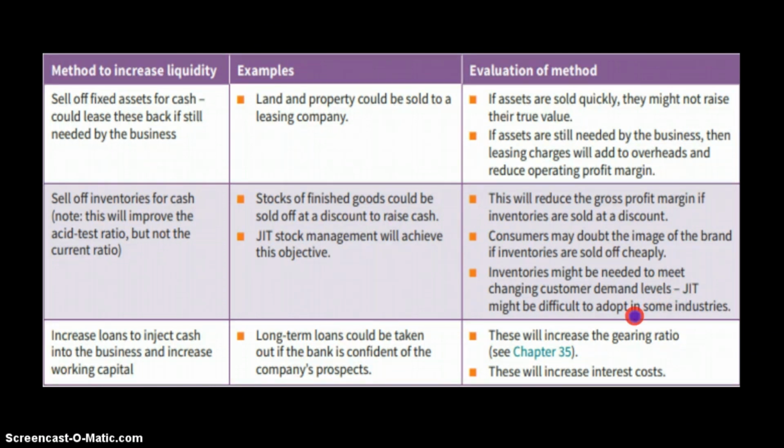So JIT might be difficult to adopt in some industries, because consumers can't wait for too long. Remember we discussed that JIT takes time and requires a flexible workforce. So again, the limitation of JIT comes in here if you use that as an example.